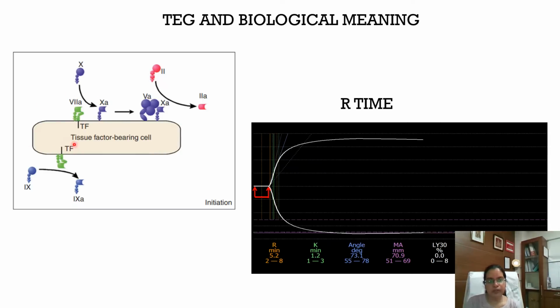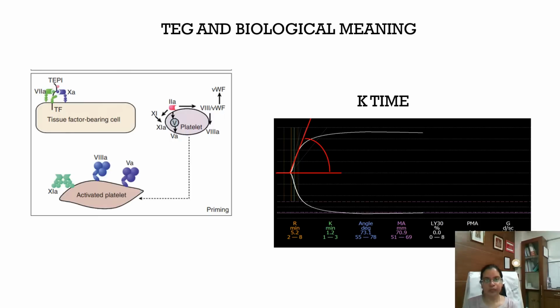It will activate factor 7. Factor 7 will activate factor 10, and this will lead to activation of thrombin. So this initial thrombin that has been formed will lead to initial fibrin formation, that is the R time.